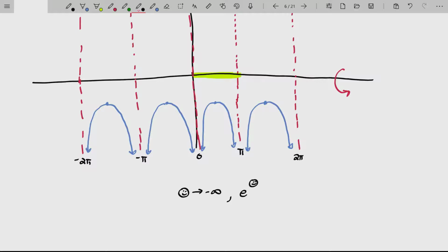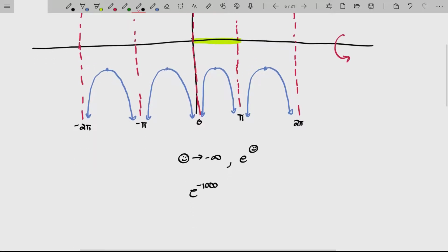Well, e to the hugely negative number, right? Let's say e to the negative 1,000. Even though that's nowhere near negative infinity, let's just think about this. That is the same thing as 1 over e to the 1,000th power. That's a massive number in the denominator. And we've discussed earlier in this course, or your calculus teacher should have discussed, that a finite number over a super large number tends to 0.